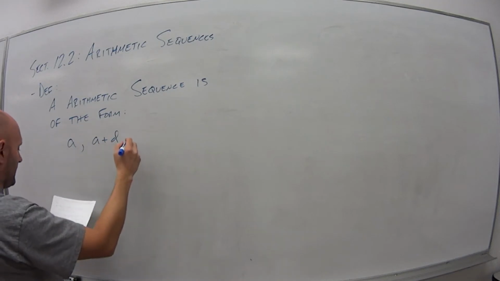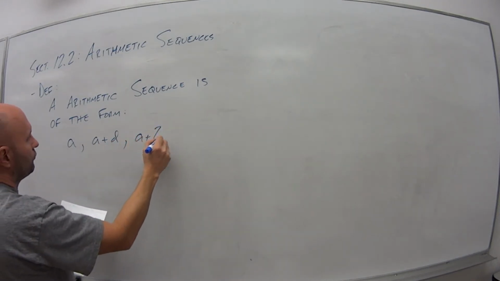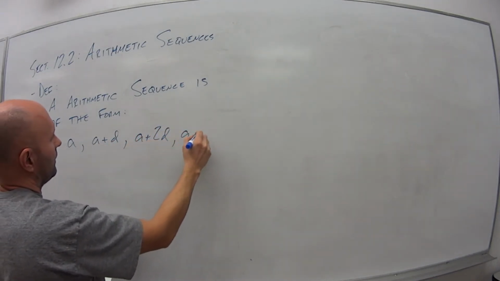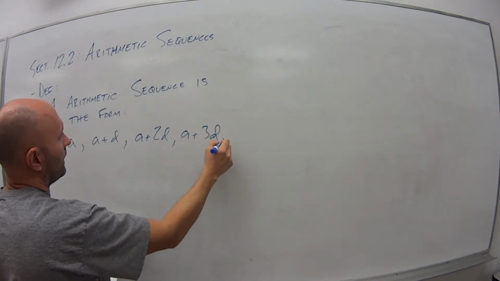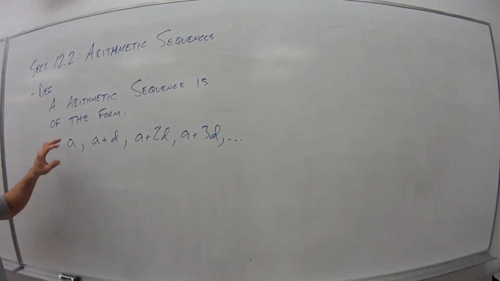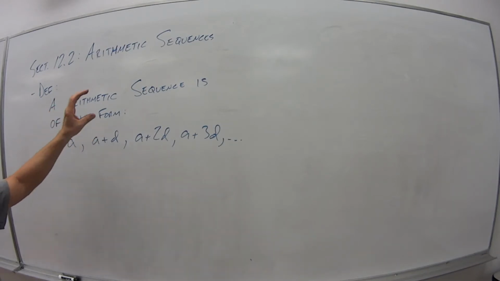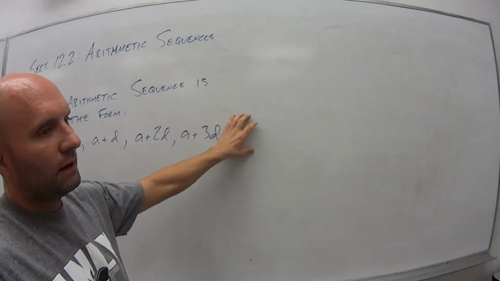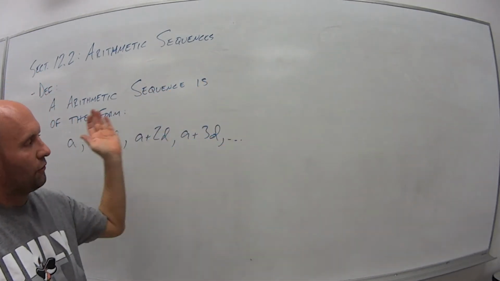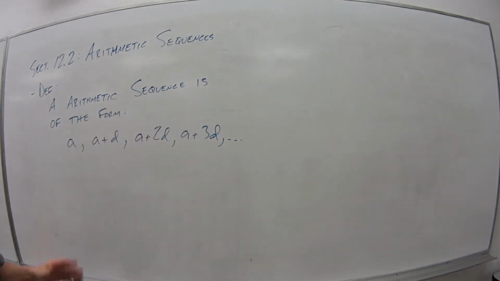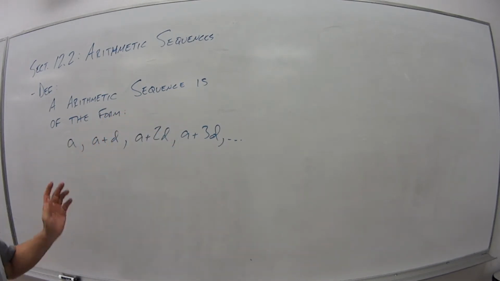And then to that we add a plus 2d, then a plus 3d, and so on. So if I start with 1 and I keep going up by 2, it's going to be what? 1, 3, 5, 7, 9, etc. So I keep adding the same value as I go from one term to the next.